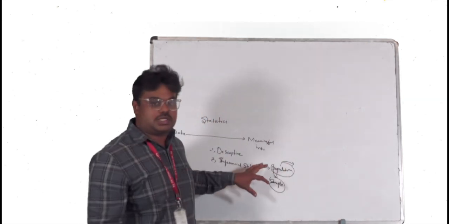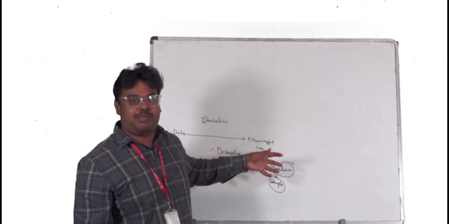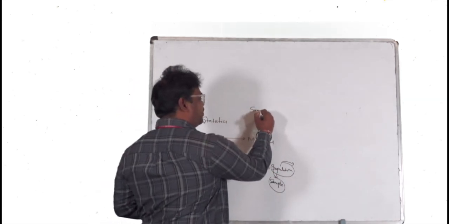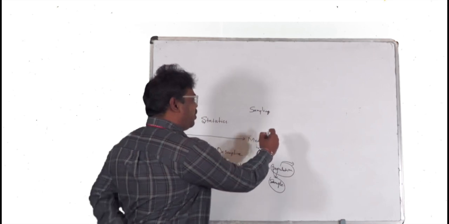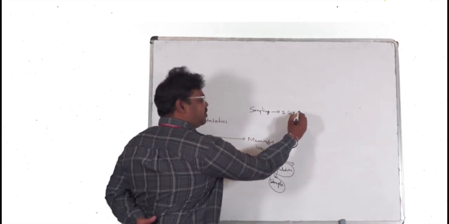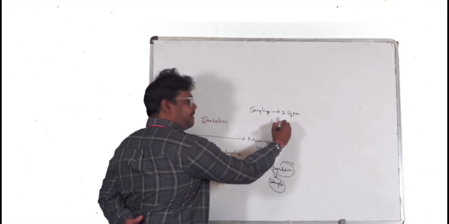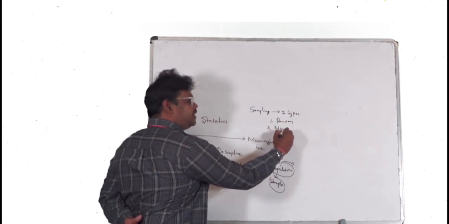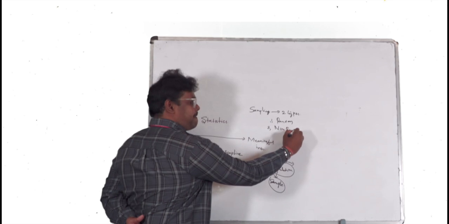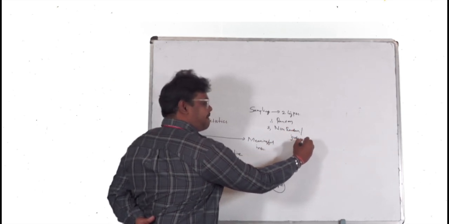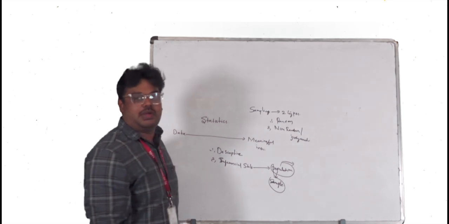Next we are going to discuss the sampling methods. Sampling methods are of two types. The first one is random sampling, and the second one is non-random or judgmental sampling. What do we mean by random sampling?